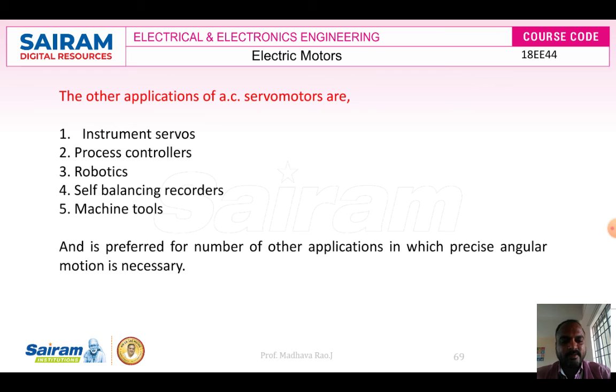We use AC servo motors since they are low power devices, and they are preferred for a number of other applications in which precise angular motion is necessary. So, these are the applications of AC servo motor.